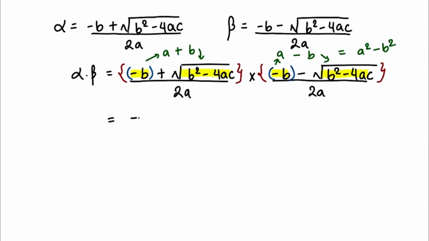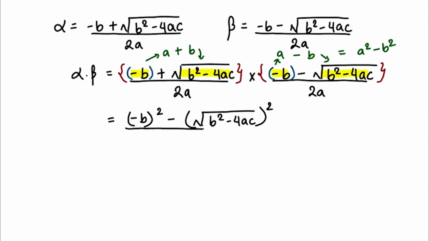And we get our a square as minus b whole square, minus our b square, which is square root b square minus 4ac whole square, okay, divided by, in case of our denominators, it's pretty simple, 2a times 2a, which is 4a square.